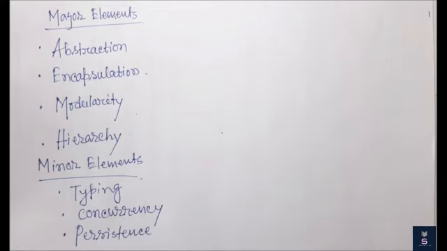Okay. So the next thing is the minor element. What does typing actually mean? According to the theories of abstract data type, we already know what an abstract data type means. A type is a characterization of a set of elements.